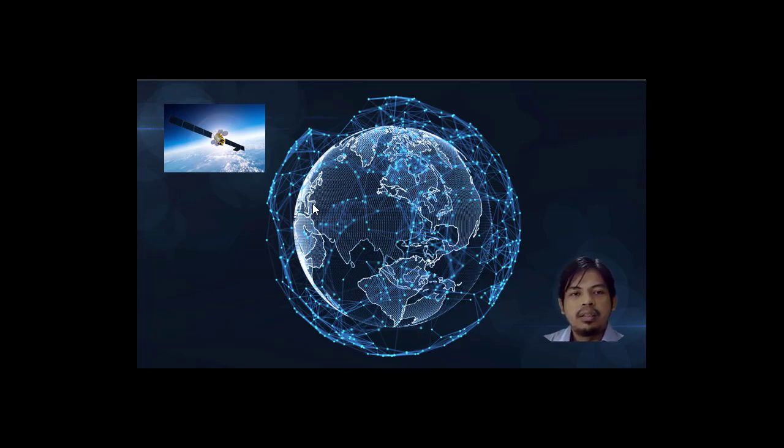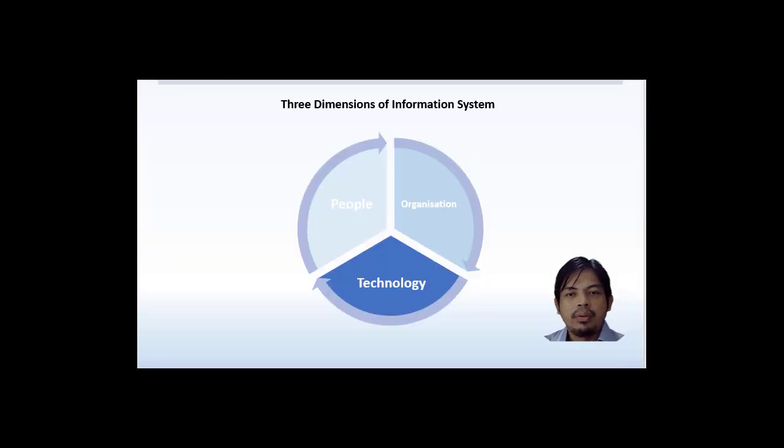Okay, to answer this question, we look into three components or three dimensions. First dimension is people, the second dimension is organization, and the third dimension is technology. Okay, we will discuss each dimension.